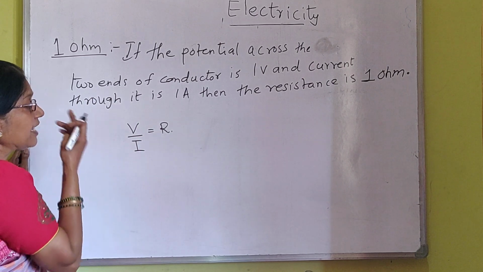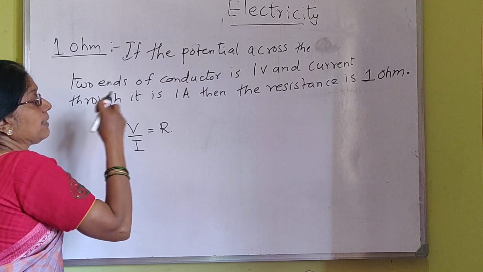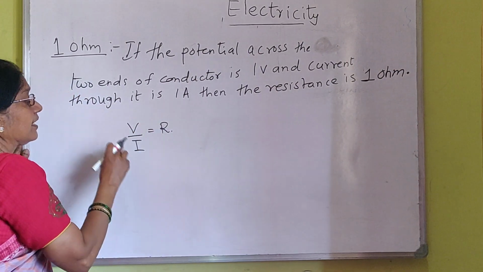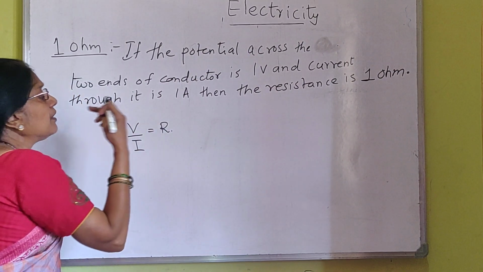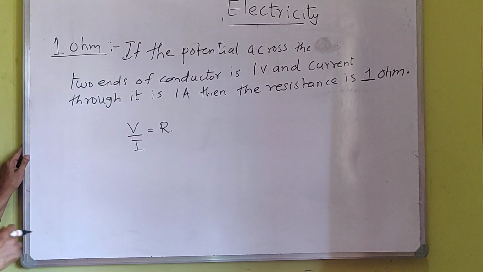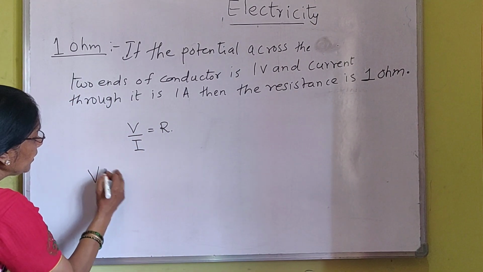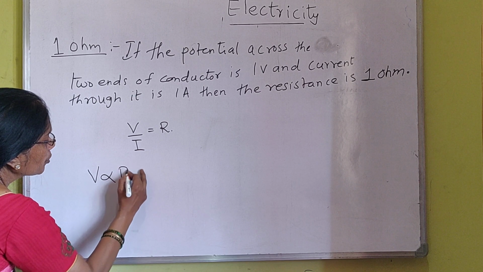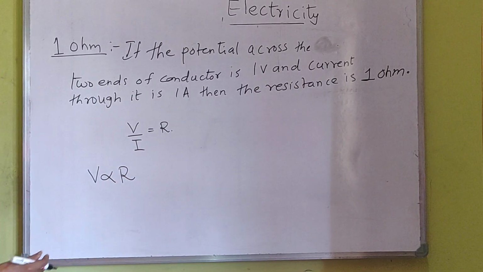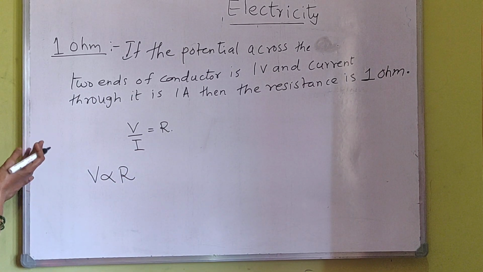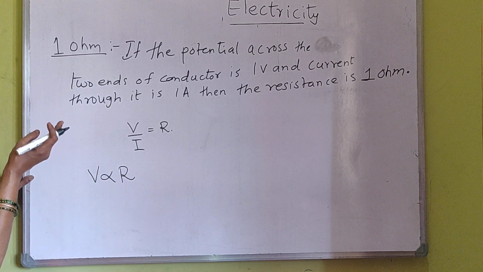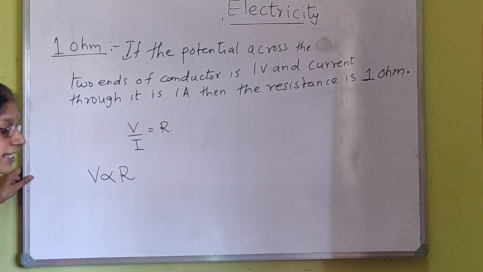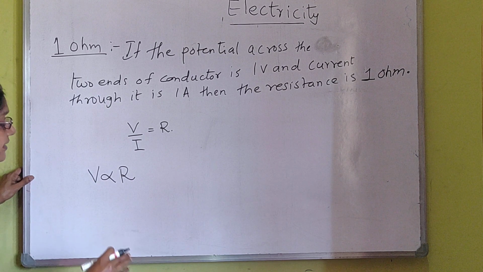What does it show? That the potential difference is directly proportional to the resistance and current is inversely proportional to the resistance. So V is directly proportional to the resistance, which means as the potential difference increases, the resistance also increases. As the potential difference decreases, the resistance also decreases.